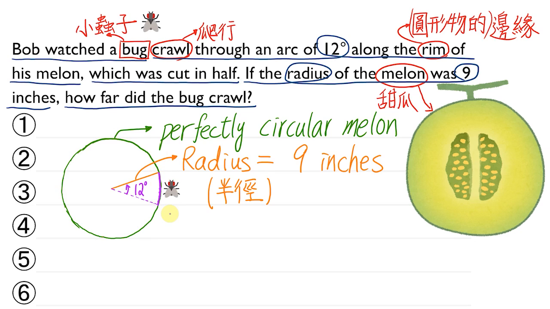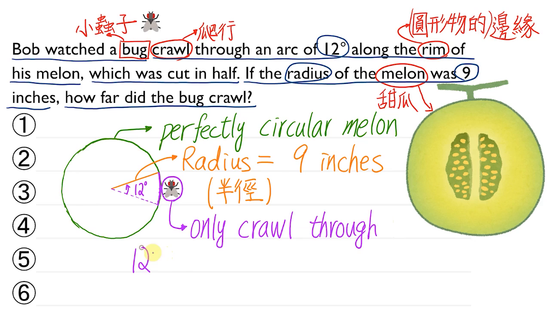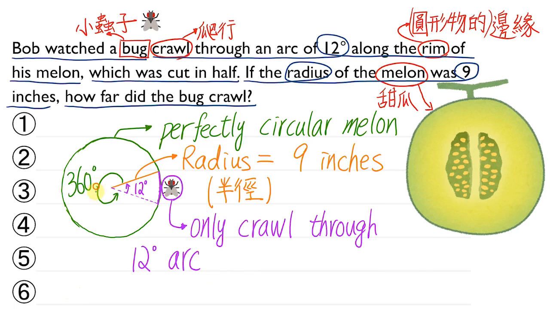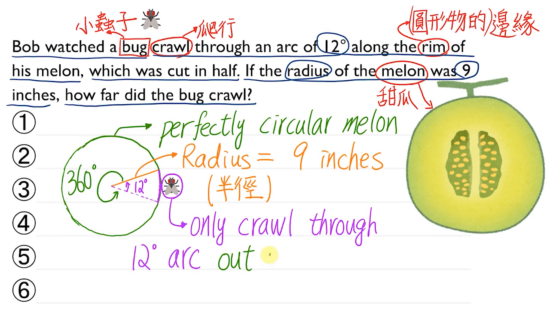That is, the bug only crawls through the 12-degree arc, out of a total of 360 degrees, because we know one full rotation of a circle, all of the green bits, is 360 degrees. And this 12-degree arc, this purple bit, is a part of this 360 degrees.